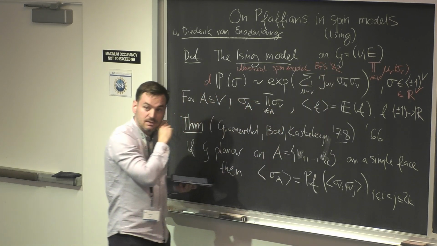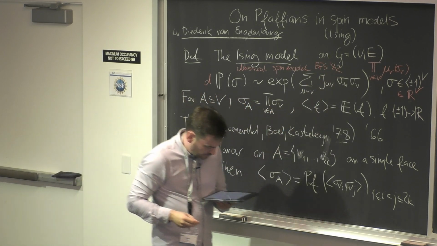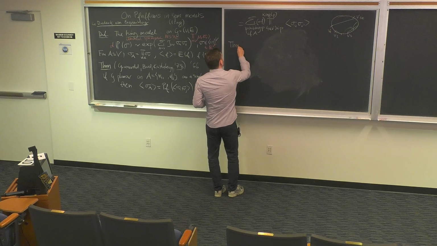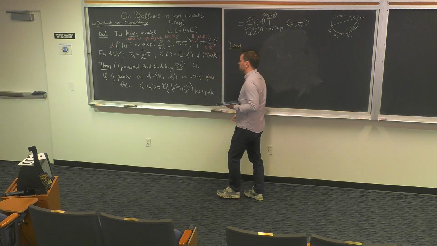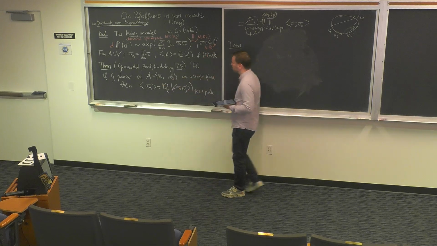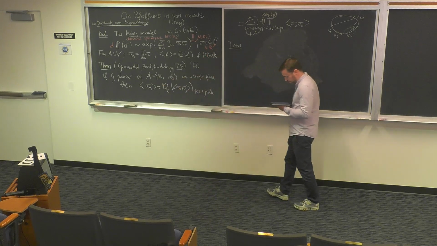So they consider this class of models. OK, so what is our theorem? Our theorem is the following. It's sort of the reverse statement of that theorem in the setup of spin models, these classical spin models.